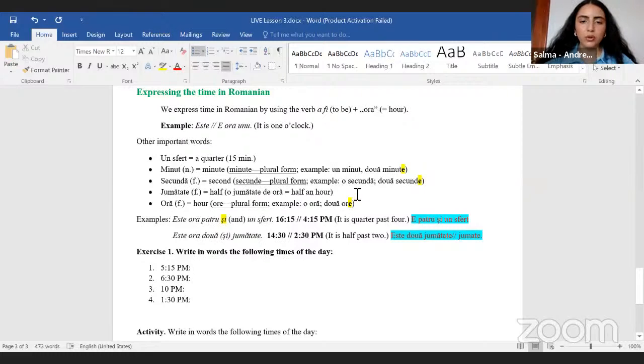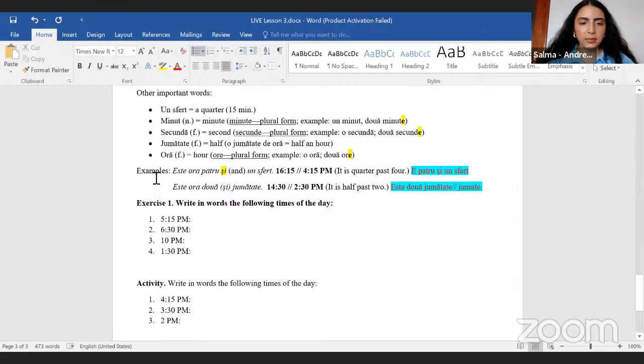For example, o secundă, 2 secunde, 1 second, 2 seconds. Jumătate, which means half, o jumătate de oră means half an hour, and oră means hour, and we have the plural form ore. For example, o oră, două ore. 1 hour, 2 hours.